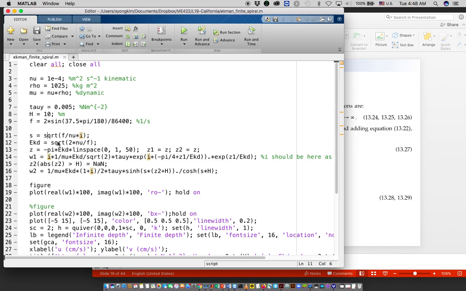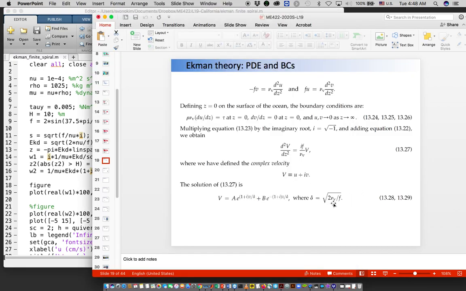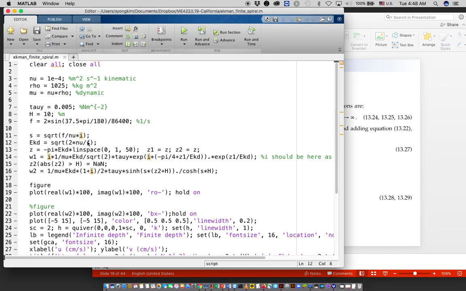If you solve this one, Ekman depth is the square root of 2 nu over F, and z is the negative axis, positive upward, and you can express it as a multiplication of Ekman depths.